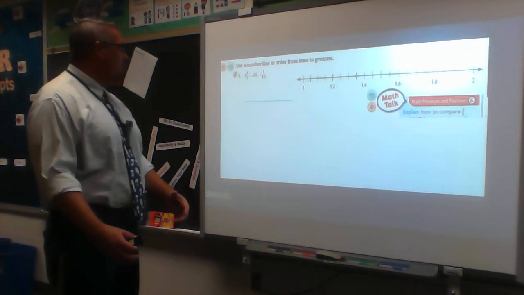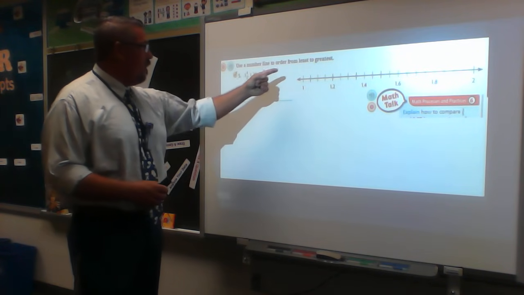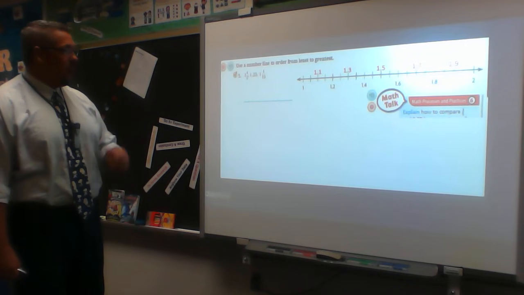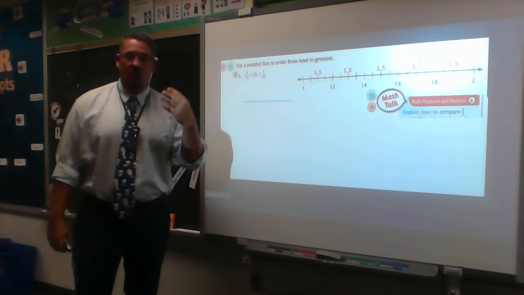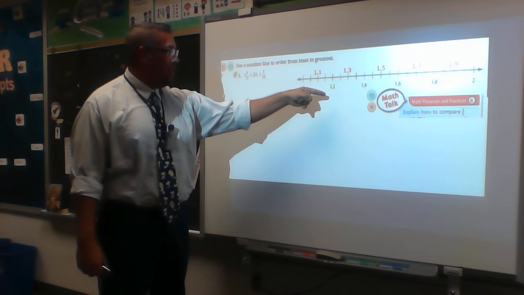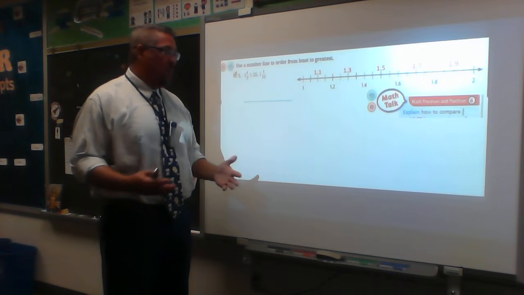All right, so then we're going to go to number 5, and that's my number line, and I have to put things in order, and it tells me in the directions, least to greatest. So when I look at that, once again, I'm going 4 spaces between my numbers, right? So every 4, I have an even decimal number. This time, it just has the 1 in front of it. Doesn't change the process.